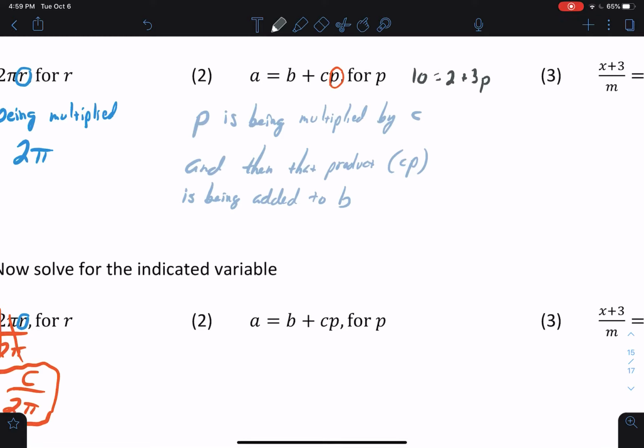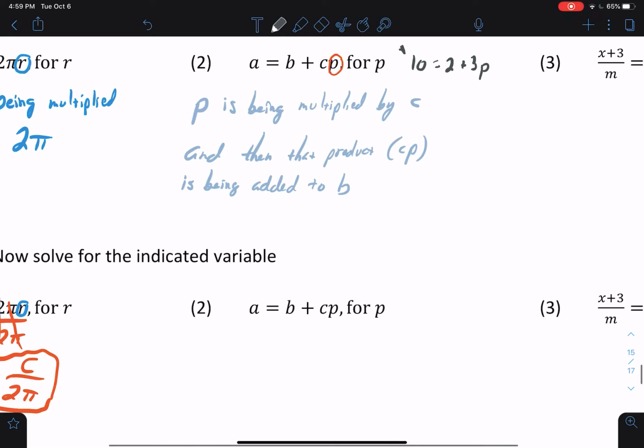What is the first step that we would do to solve this equation? Well, we would subtract 2 from both sides. So then we have 8 equals 3p. What would we do to get the p by itself? We would divide both sides by 3.